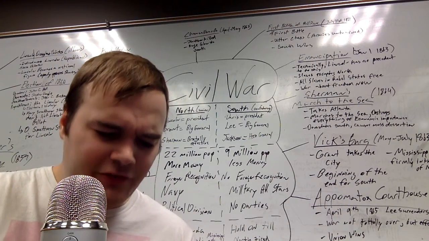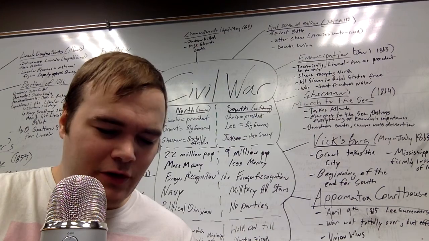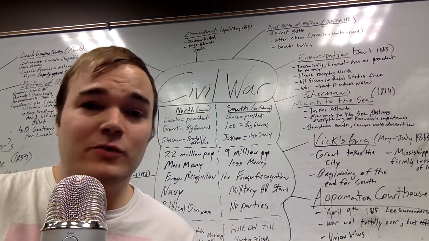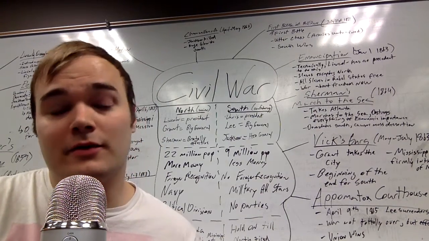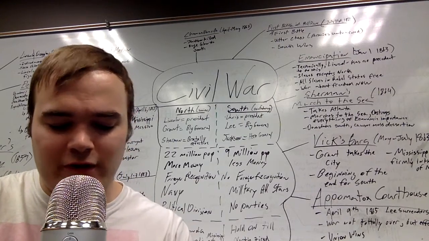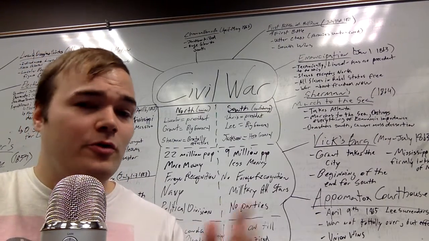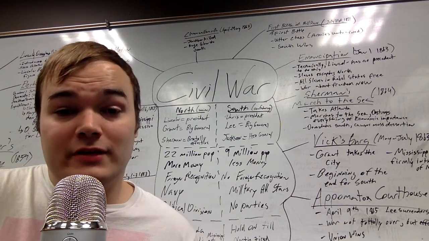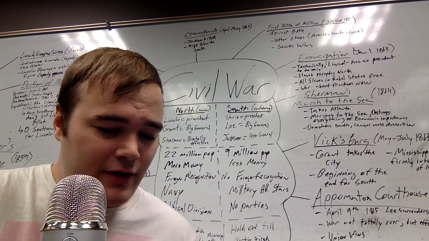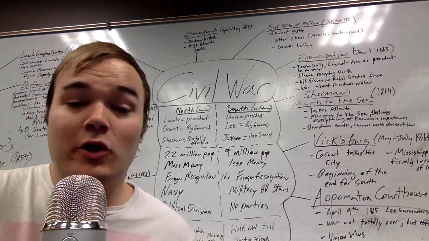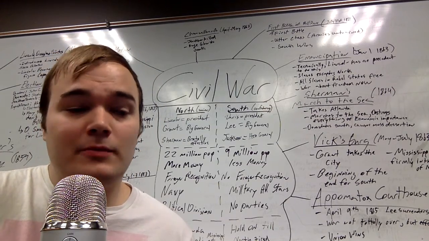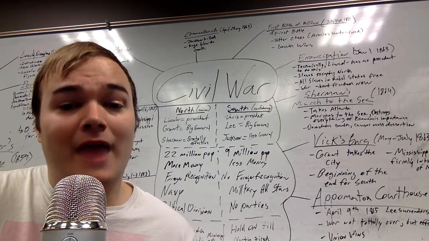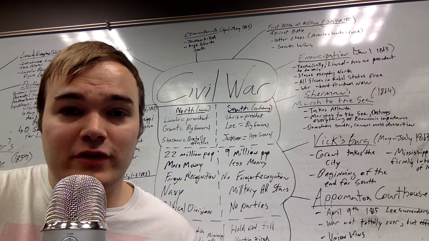Now, what this is going to do is cause absolute chaos and misery in the South, and people are going to start writing letters to their boys on the front saying, everything's gone, we're in terrible straits, we don't know what to do. And then suddenly all the guys in Lee's army are going to be saying, I should go home and help my family. Desertion becomes a huge problem for the South after Sherman's march to the sea.